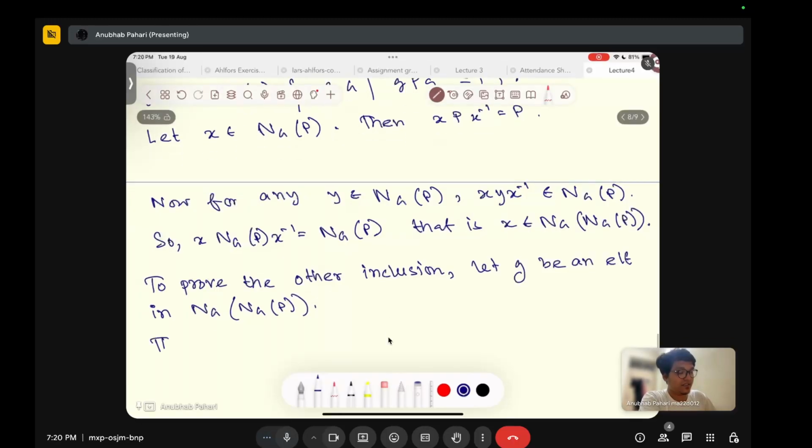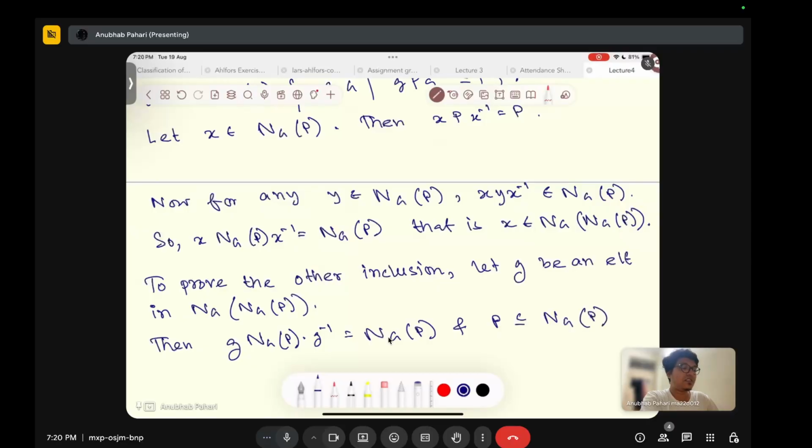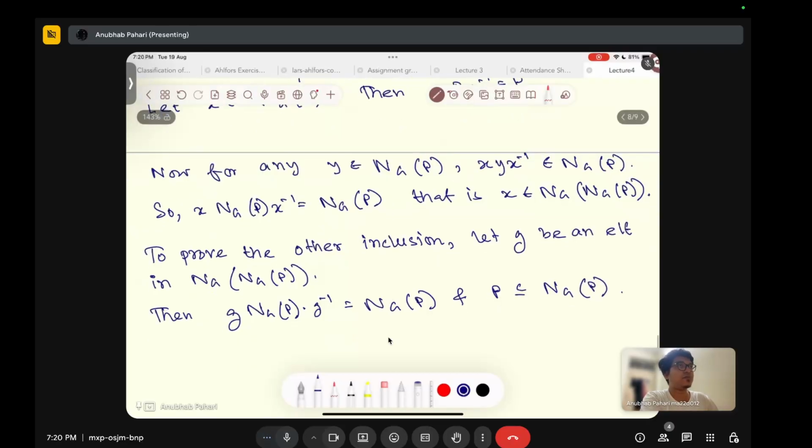Then we have that g N_G(P) g inverse equals N_G(P), and P belongs to N_G(P). This is trivial because P is a subgroup.